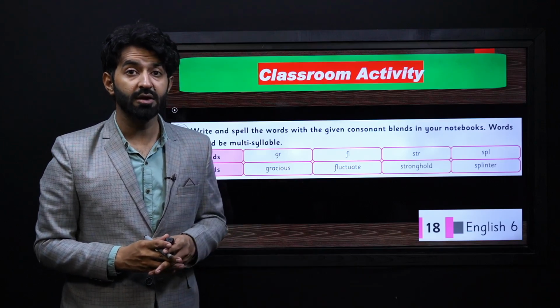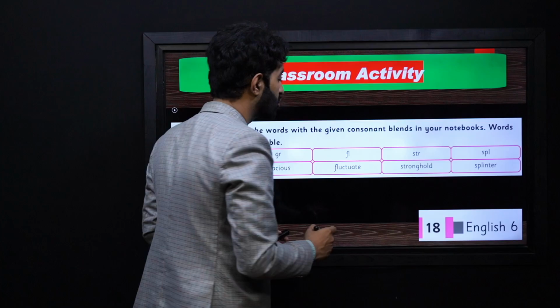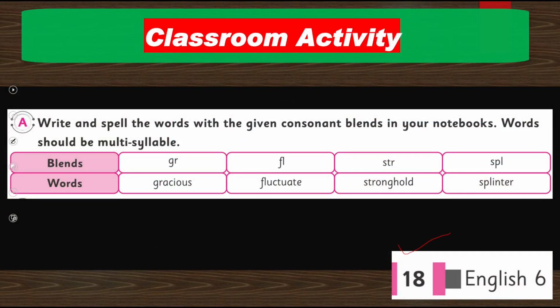For your classroom activity, we have page 18 from your book. You have to spell the words with the given consonant blends in your notebooks. Words should be multi-syllable. Example, the word blend, all these are blends: GR, FL, STR, SPL.